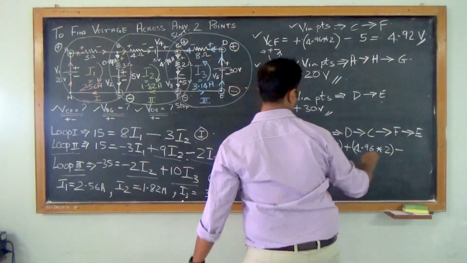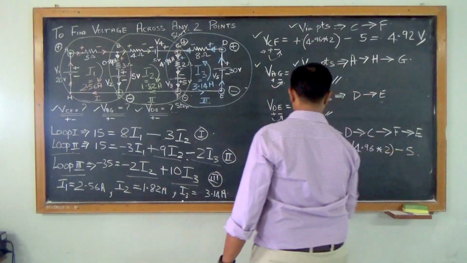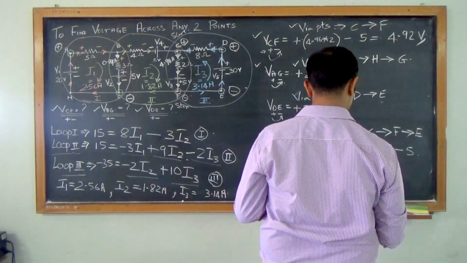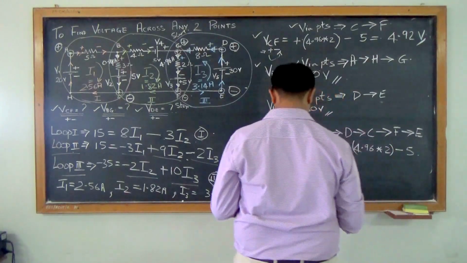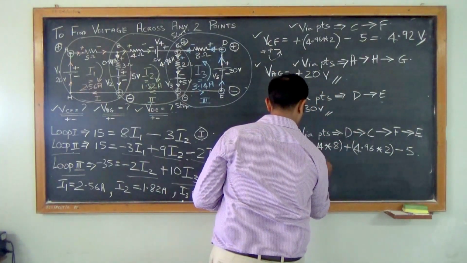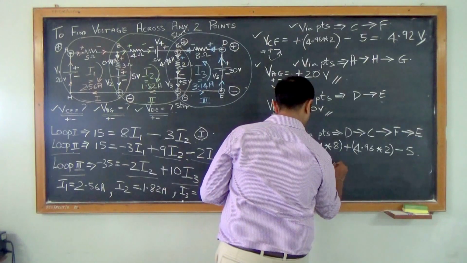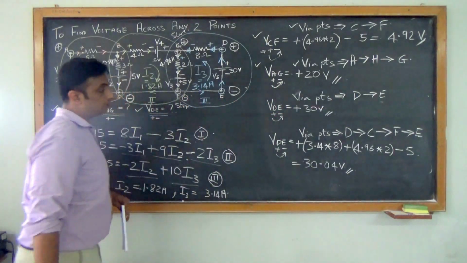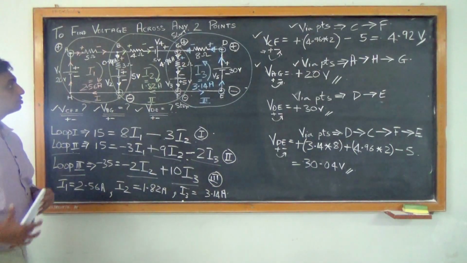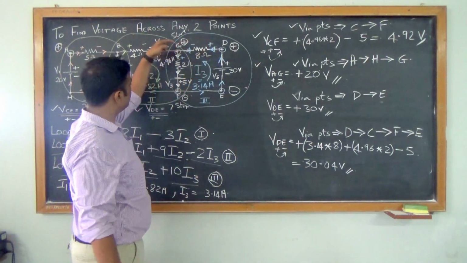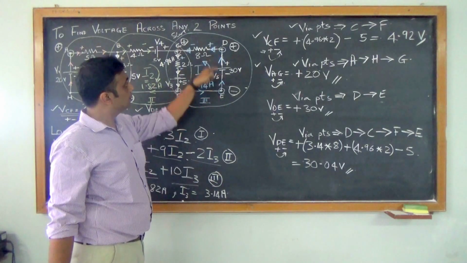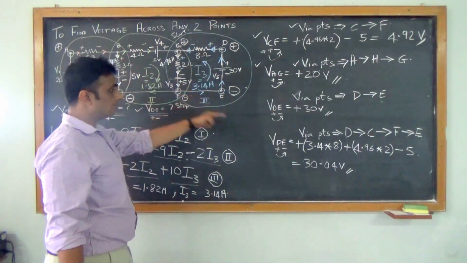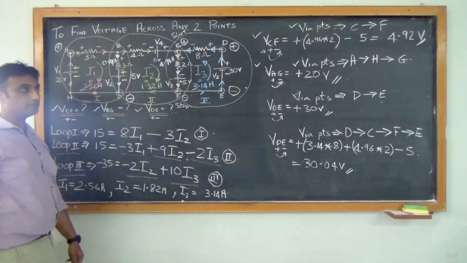What is the value? 5. So I get a value of 30.04 volts. So this is across D to C, C to F, and F to E. So no matter if you take it across this, or across this, I will get the same value.